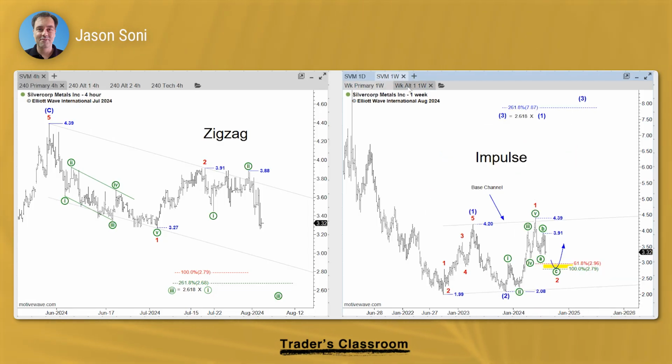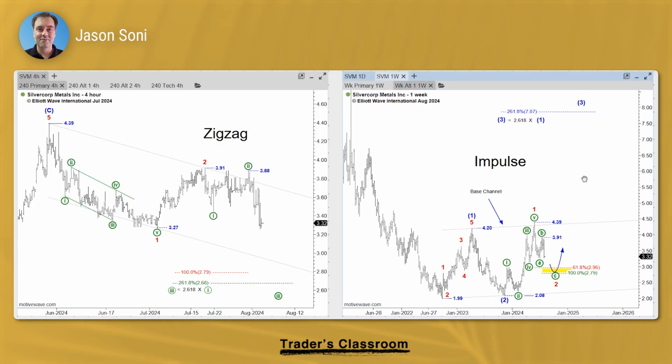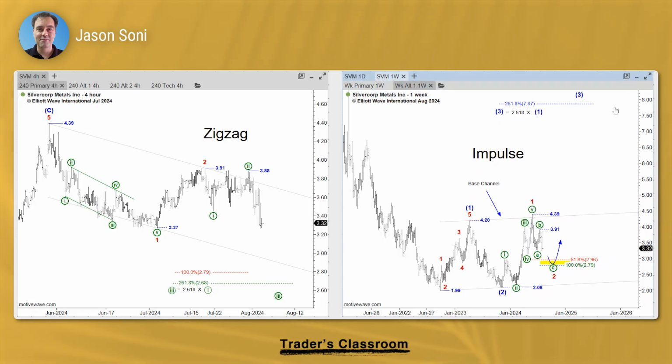However, what you can also look at is this three-wave move could also be counted as a series of ones and twos. So it's actually the complete opposite to the bearish zigzag in the sense that instead of labeling this as waves A, B, C, you can go 1, 2, 1, and then this red wave 1 is actually part of a subdivided impulse for blue wave 3.